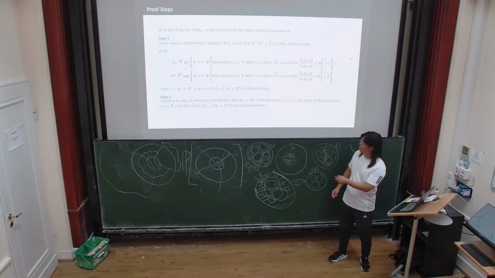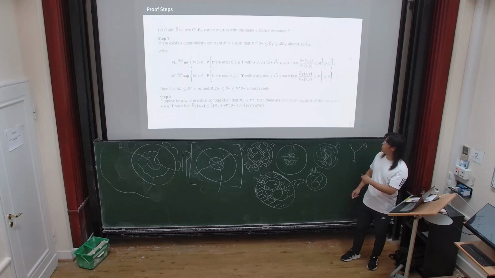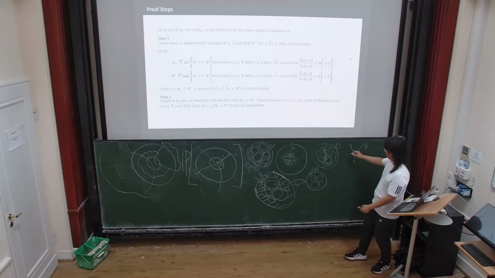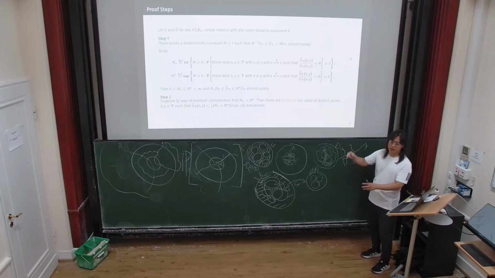Suppose that they are not the same, then there are many shortcuts. Shortcuts are pairs of points x, y such that the ratio of d tilde over d of their distance is bounded away from the optimal Lipschitz coefficient.